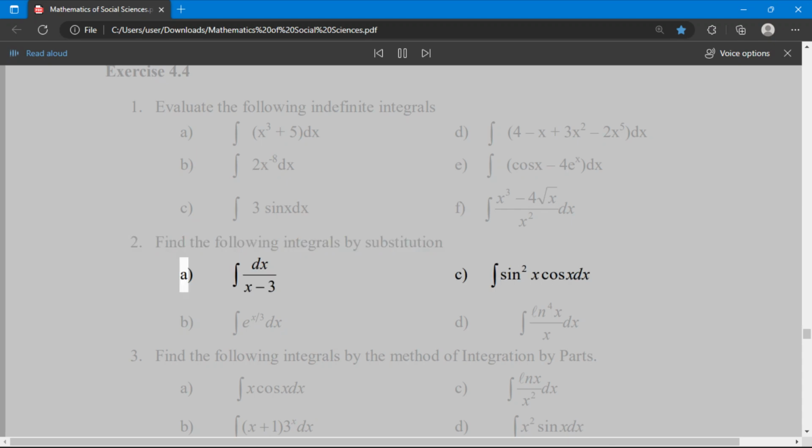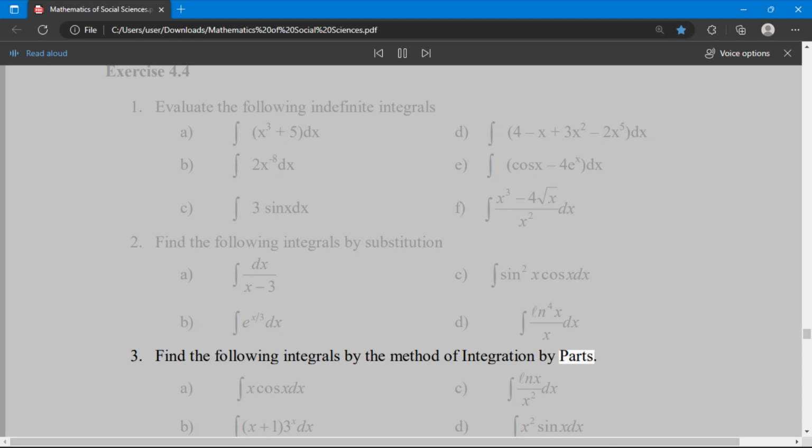Find the following integrals by substitution: a. x³ dx, c. sin x cos x dx, b. e^x dx, d. the integral with ln x over x.